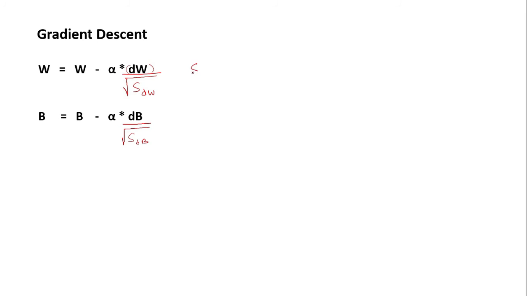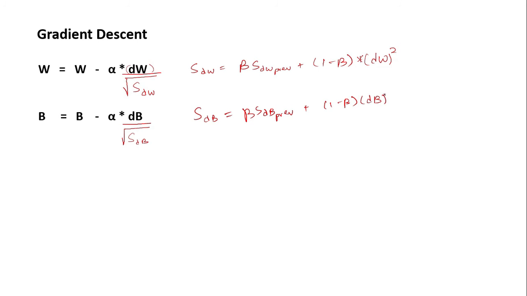Here SdW is given by the exponential weighted average of dW squared, which will be equal to beta times SdW previous plus 1 minus beta multiplied by dW squared, and similarly Sdb will be equal to beta times Sdb previous plus 1 minus beta times db squared.